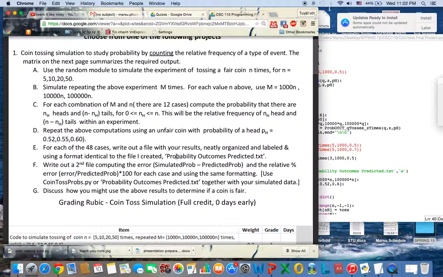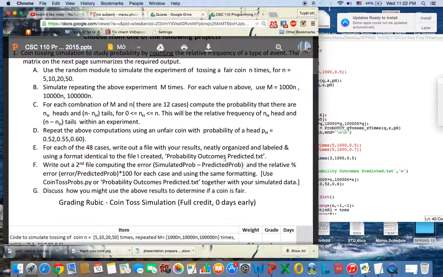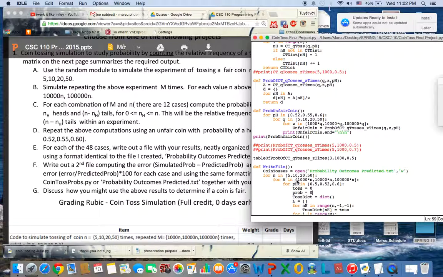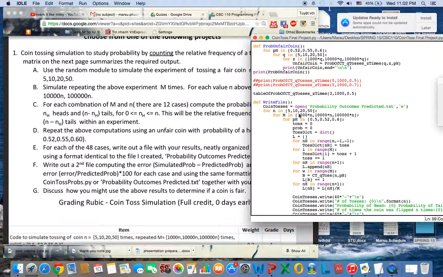So we create a file named probability outcomes predicted, and give out the table of N from 5, 10 to 25, 50, which we repeated 10,000 times of N, and then for in the loop of pH from 0.50.